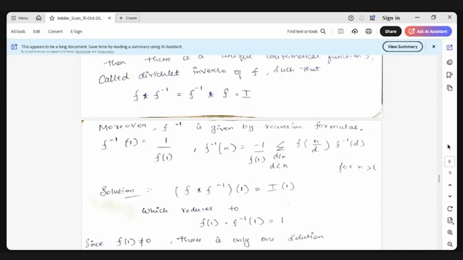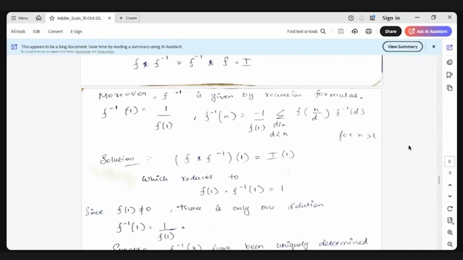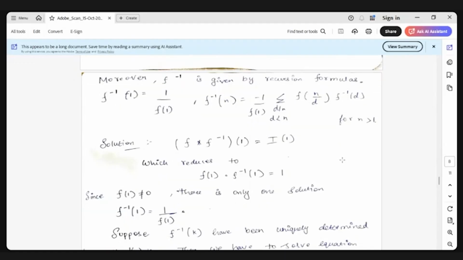That is f of 1 multiplied with f inverse of 1 is giving me 1, which means as f of 1 is not 0, there is only one solution. f inverse of 1 equal to 1 by f of 1. We'll see why f of 1 is not 0 also.